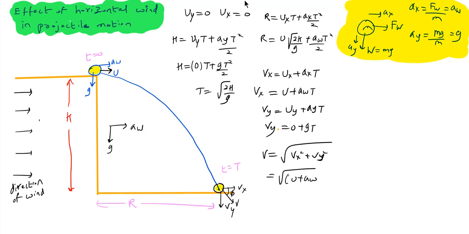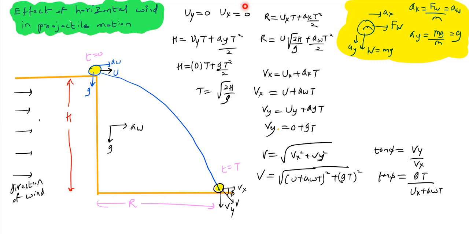This t we can substitute later. This is the expression for the speed with which it strikes. Then what about the angle? The angle is given by tan phi equals v_y by v_x, that is g t by (u plus a_w t). What is this angle phi? The angle made by the velocity vector with the horizontal.